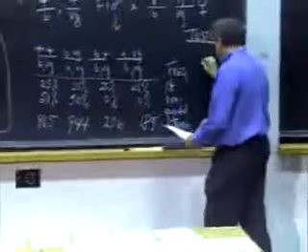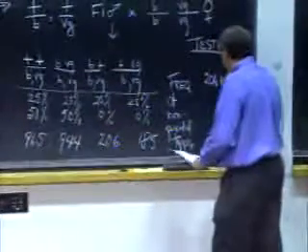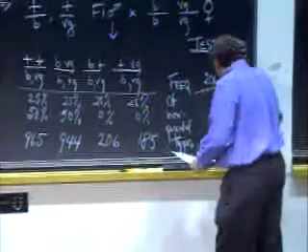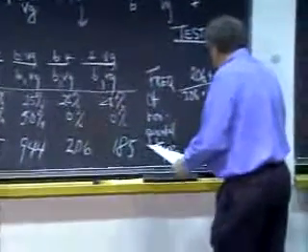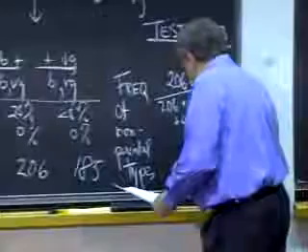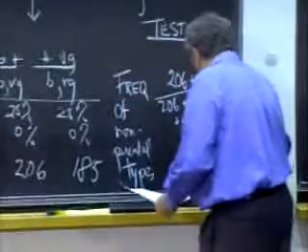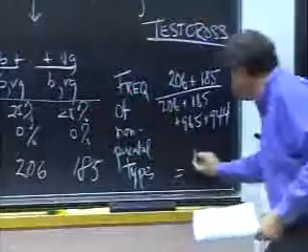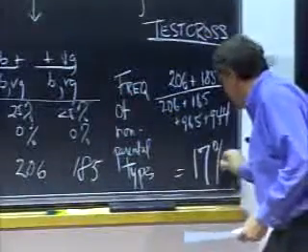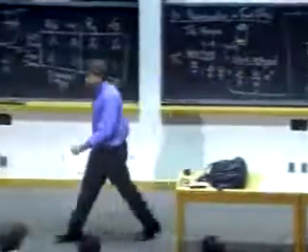Well, it's 206 plus 185 over 206 plus 185 plus 965 plus 944, which is 17%. Okay, so it's 17%.